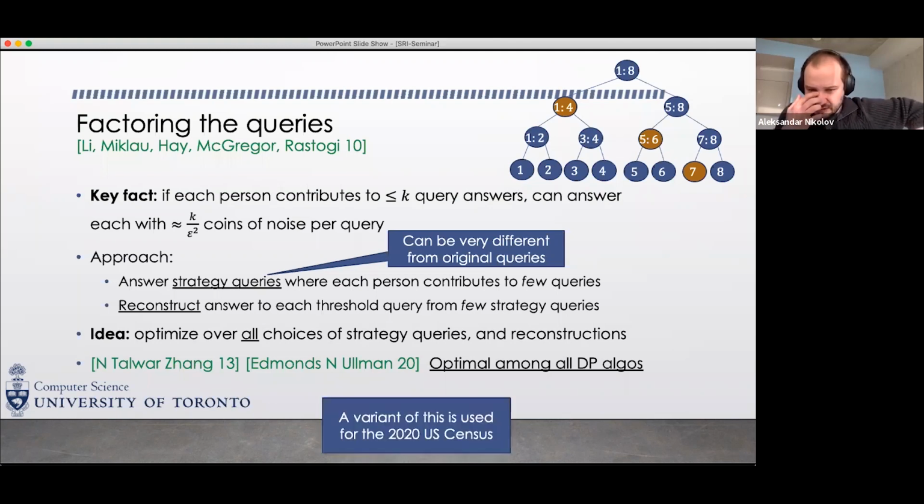I also mention that a variant of the strategy, with a lot more added to it because of the particulars of how the census works, is also used for the 2020 US Census. Okay, I'll stop here with the technical stuff.